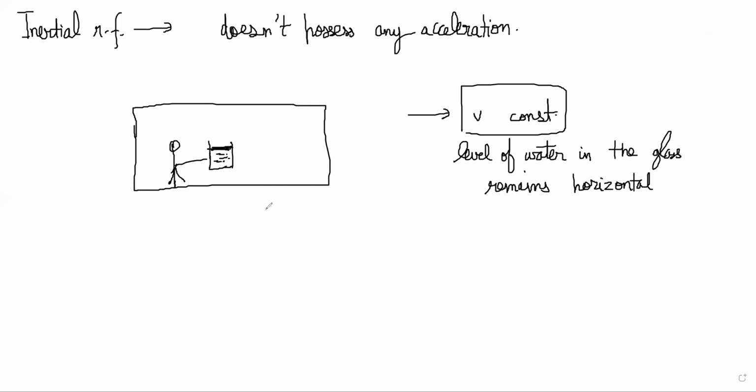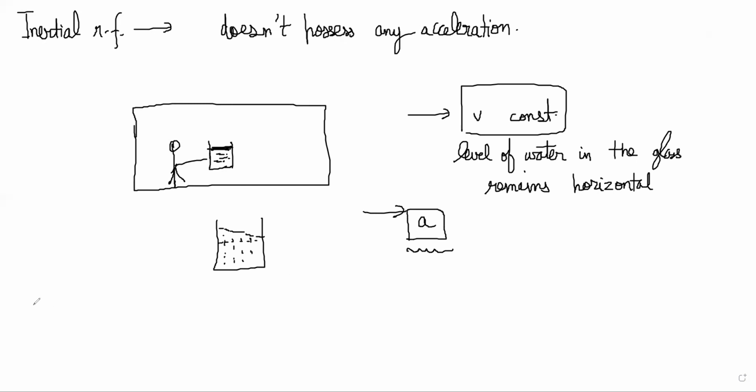However, when the train accelerates, the water level will start to become tilted like this. There is a tilt in the water level and it will be tilted backward, okay, which reflects how much acceleration is happening in the train, okay.